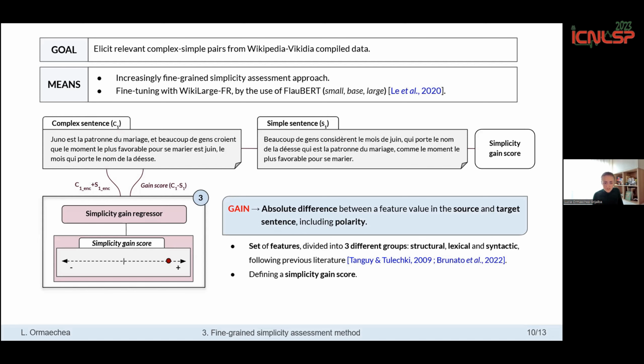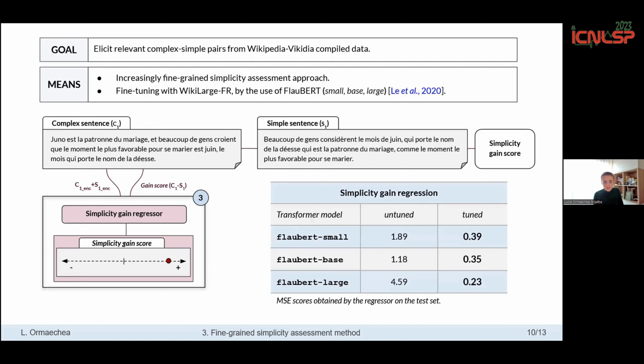And based on them, we calculated their values for each sentence in the Wikilarge pair, then performed an element-wise subtraction, and we finally got a normalized gain score. And then again, we fine-tuned FlauBERT for our custom regression task, where the input received was the complex-to-simple pairs appended to their simplicity gain score.